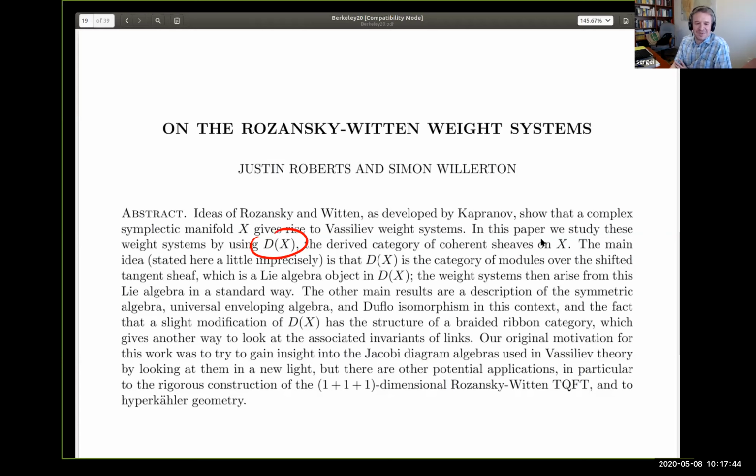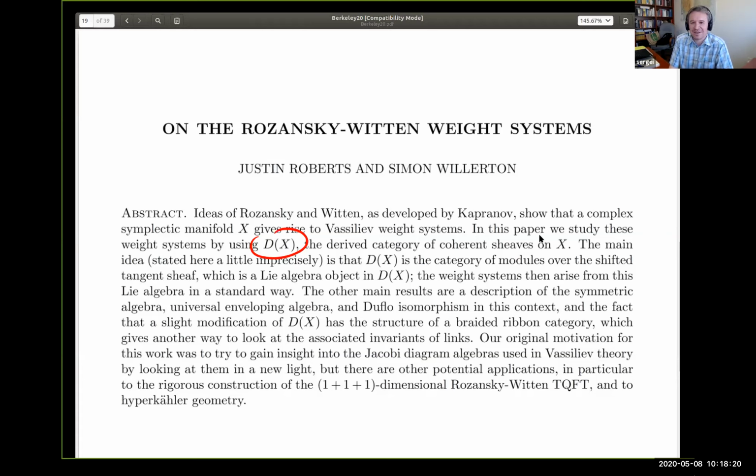If you have hyperkähler geometry, it's even more than what you need as far as the structure goes to define the derived category of coherent sheaves. So that's already a natural object, and that's precisely what appears here in the Rozansky-Witten setting. But then comes an interesting question: the derived category of coherent sheaves on X is a very natural geometric answer. But does it carry all the structure that we expect from a modular tensor category? In particular, what are the S and T matrices?